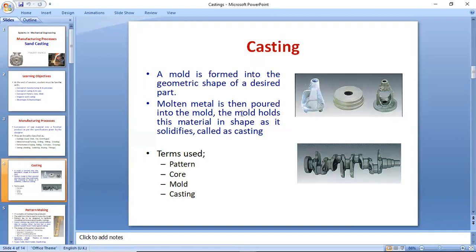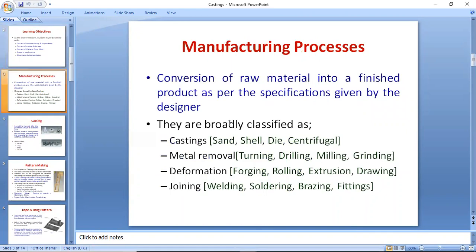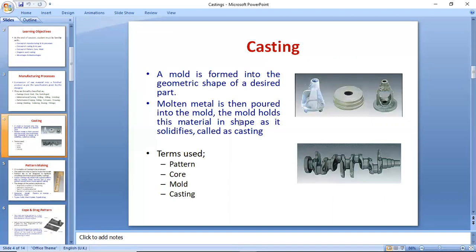Then molten metal is poured into the mold. The mold holds this material in shape as it solidifies, called casting.